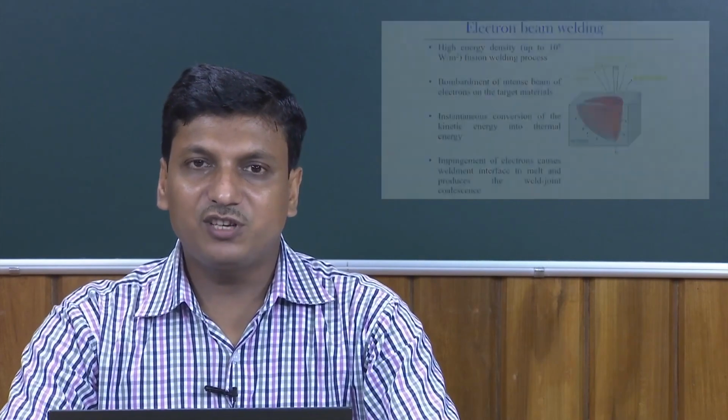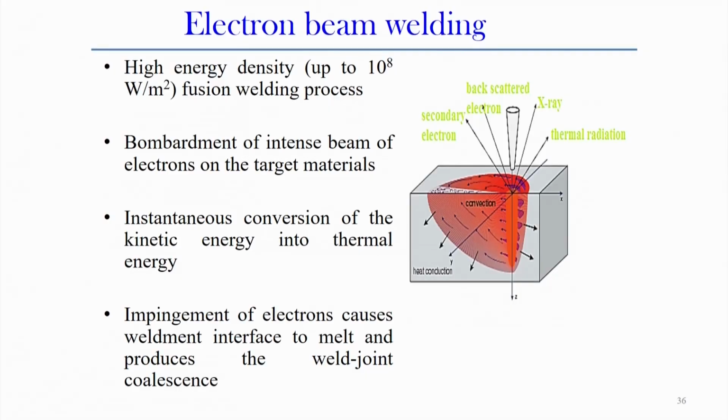In electron beam welding, a very high energy density can be created, up to 10 to the power 8 watt per meter square, or I think it should be centimeter square, among fusion welding processes. The basic principle is that it is possible to create an intense beam of electrons and focus it on a specific workpiece.